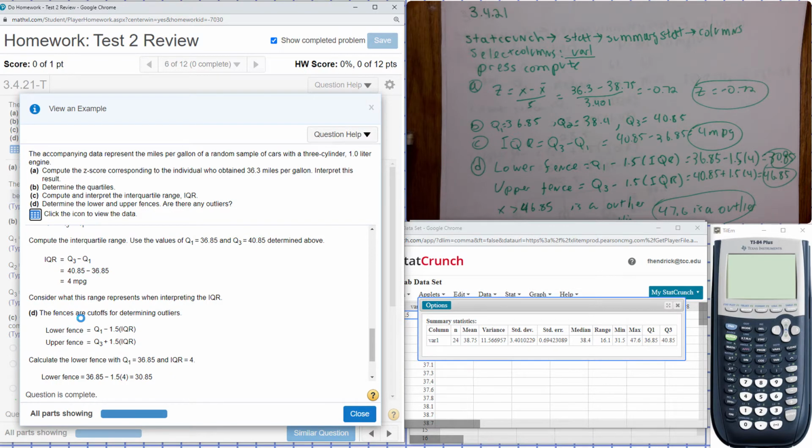Now, the fences are cutoffs for determining outliers. So the lower fence is going to be the first quartile minus 1.5 times the IQR, and the upper fence is going to be Q3 plus 1.5 times the IQR.